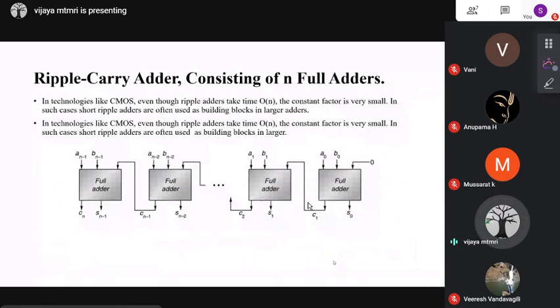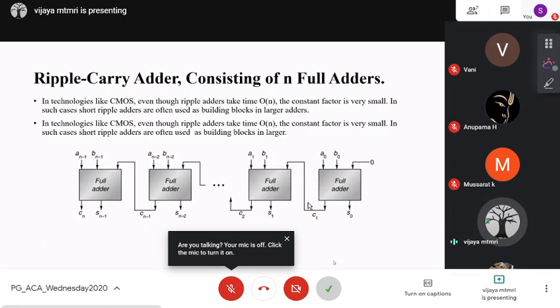Here we are taking the inputs, that is a n minus 1 to a naught, and b n minus 1 to b naught, those also are the inputs.